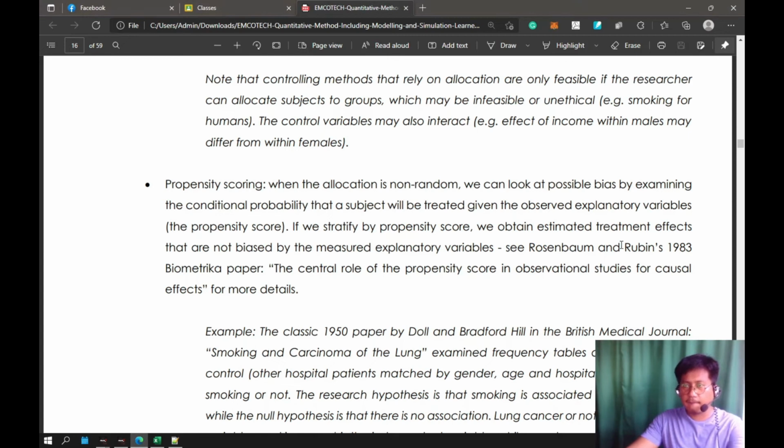by examining the conditional probability that a subject will be treated given the observed explanatory variables, the propensity score. If we stratify by propensity score, we obtain estimated treatment effects that are not biased by the measured explanatory variables.